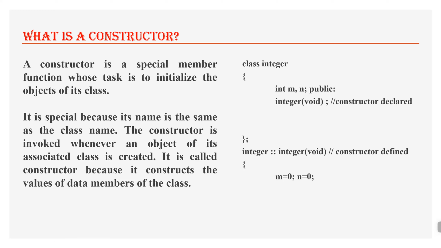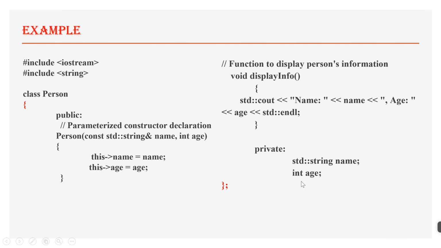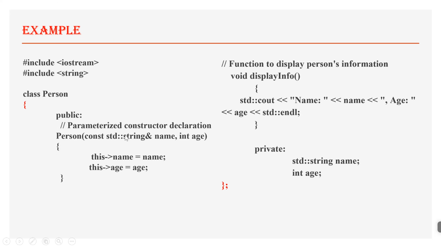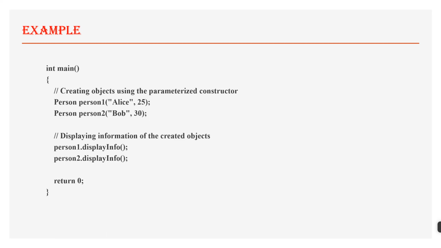That means m and n will be 0 the moment I declare in as an object of class integer, because there is no other value. But here, I am giving the value through the main program, which is taken as an argument to initialize the value as a constructor. That is the only difference between a parameterized constructor and an ordinary constructor.